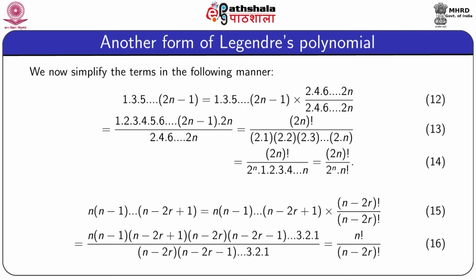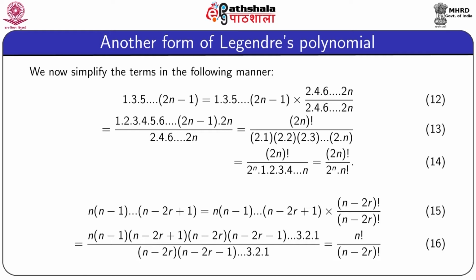If you now take 2 common from all the n terms in the denominator, you will get 2 to the power n, and you will be left with 1.2.3 dot dot dot n, which is n factorial. So, after simplification you will get 2n factorial divided by 2 to the power n into n factorial, which is given in equation number 16.